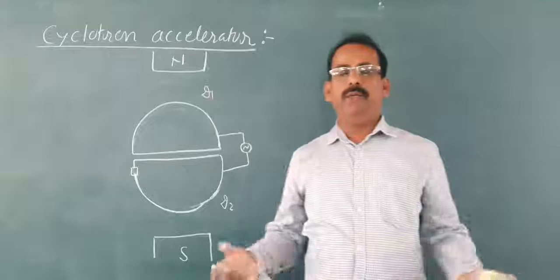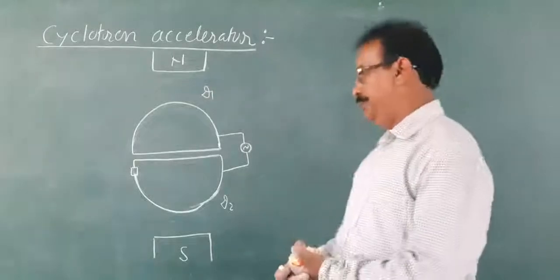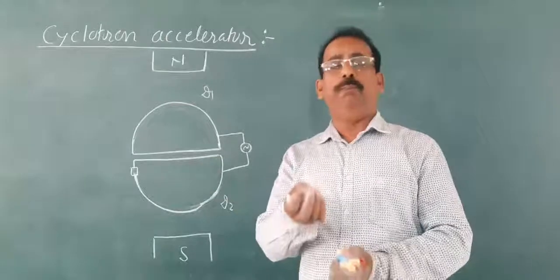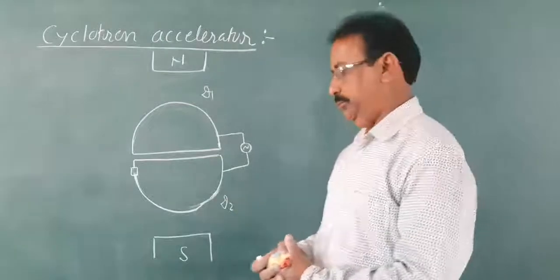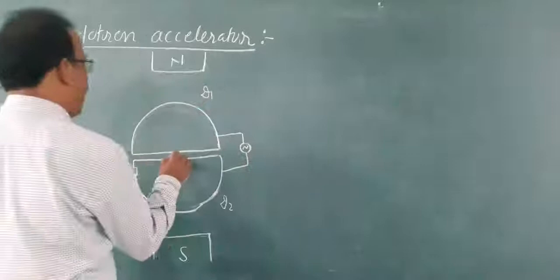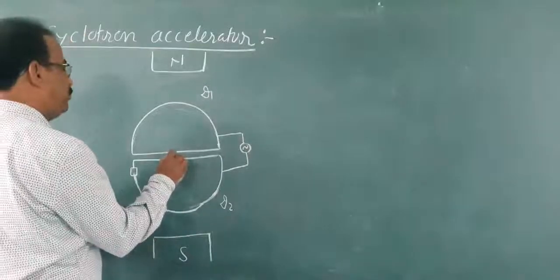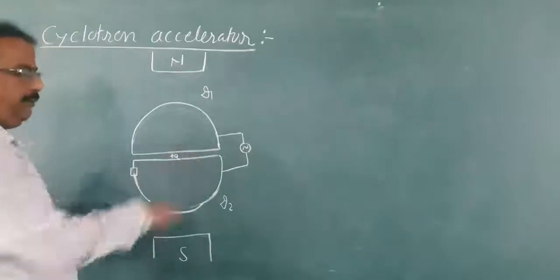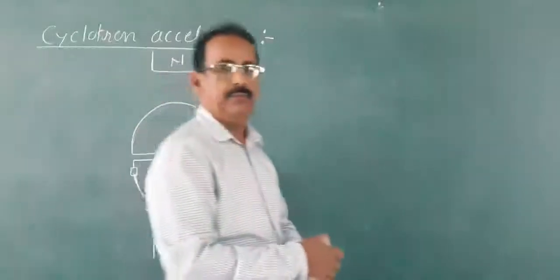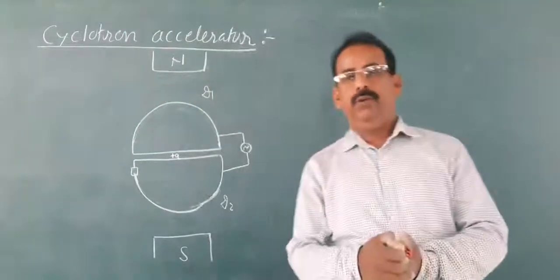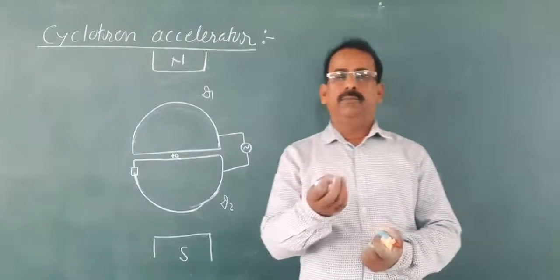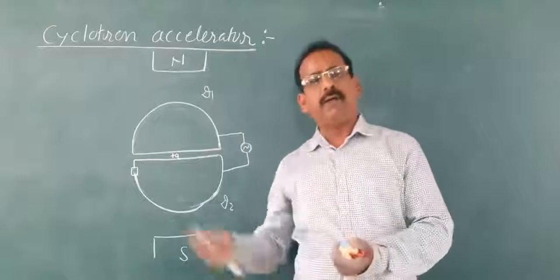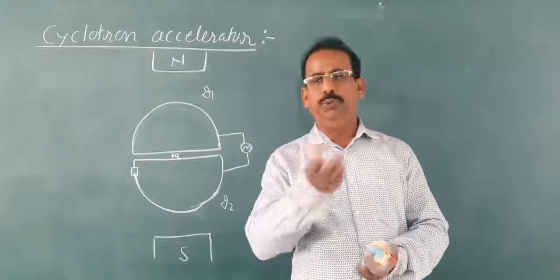Now how is the working? Suppose we have to accelerate some positive ion. Take that positive ion at the center of these two Ds. There is a space in between these two Ds. That positive ion, which is to be accelerated, is exactly at the center of the two Ds.